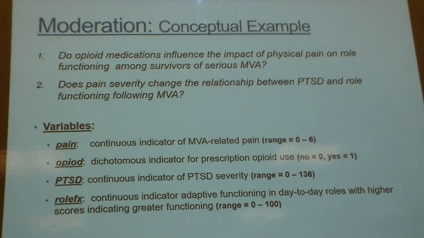Okay, and then also, let's say we're interested, does pain severity change the relationship between PTSD and neural functioning following a motor vehicle accident? Well, what do you think? What's my X and my Y and my M here instead of here? The relationship between PTSD and neural functioning is based on pain severity.